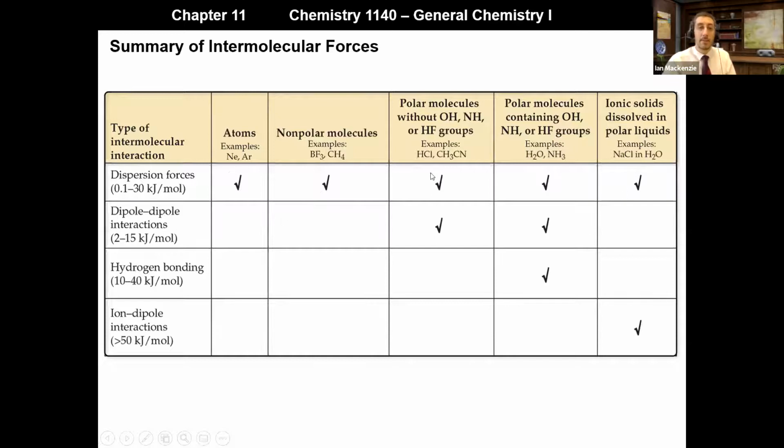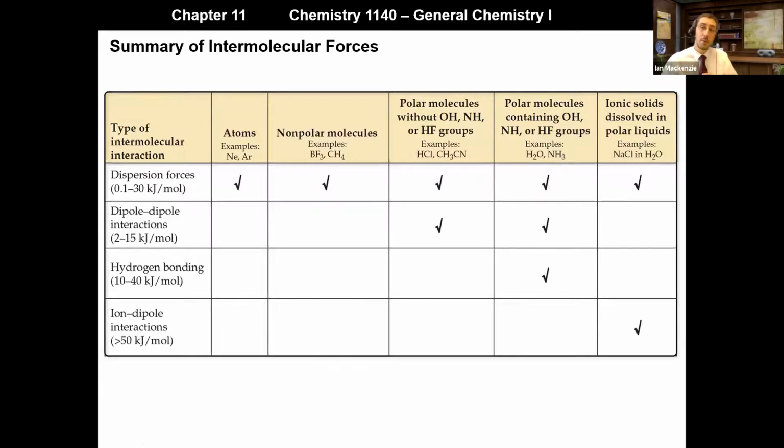Now, if I have a polar molecule that does not have OH, NH, or HF bonds, then I will have both dispersion forces, because everything has dispersion forces, but I'll also have dipole-dipole forces from the normal dipoles of the molecule.